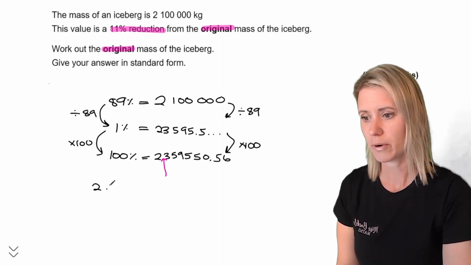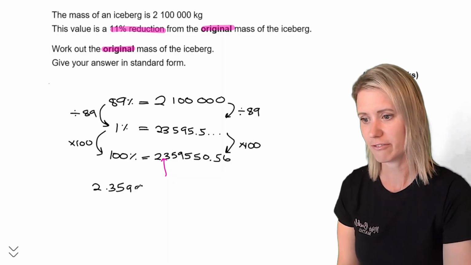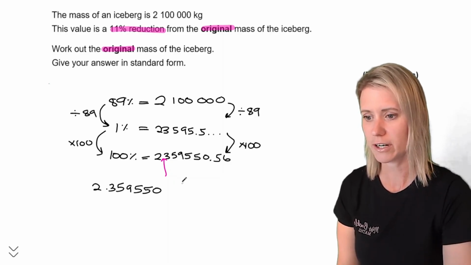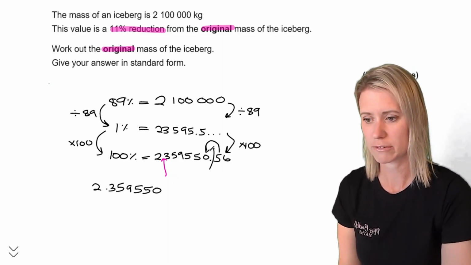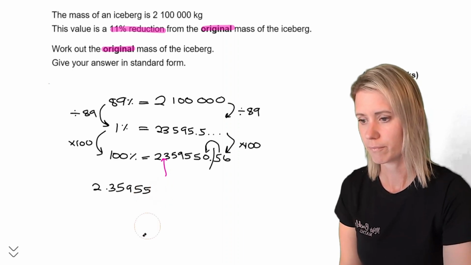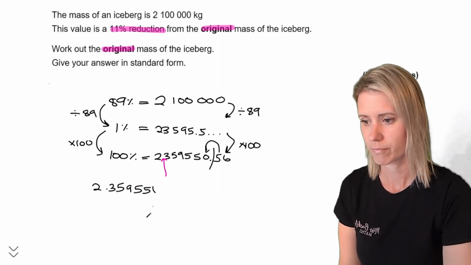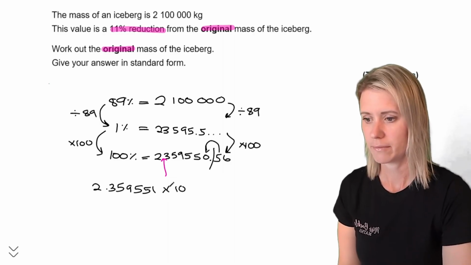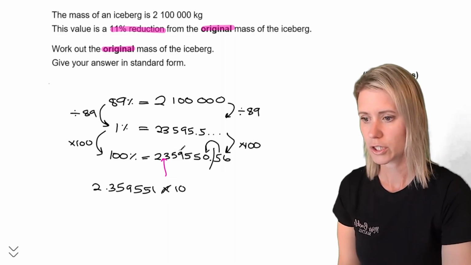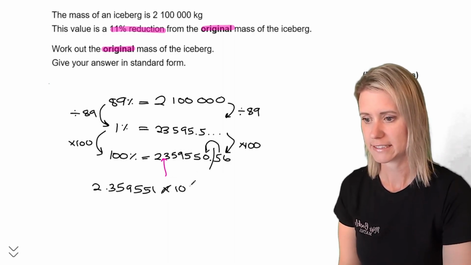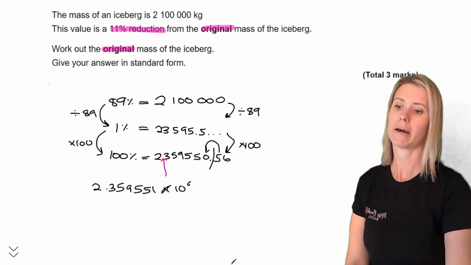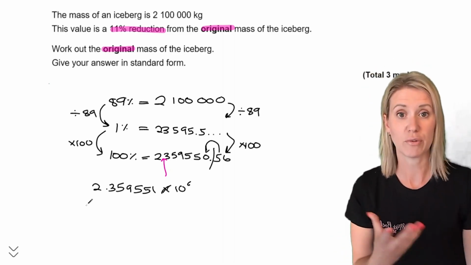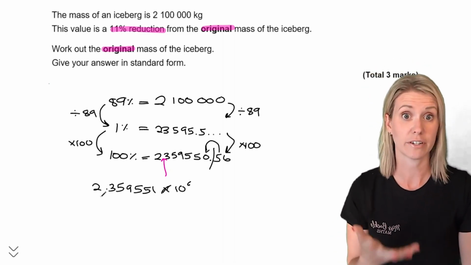So it's 2.359550. Because that's a 5 there, we're going to round up that 1 to a 1. And it's times 10 to the power 1, 2, 3, 4, 5, 6 to get it back to that original number. Please go ahead and watch the video on standard form if you need further help with that and it going over slowly.